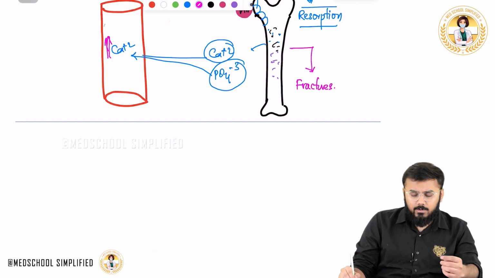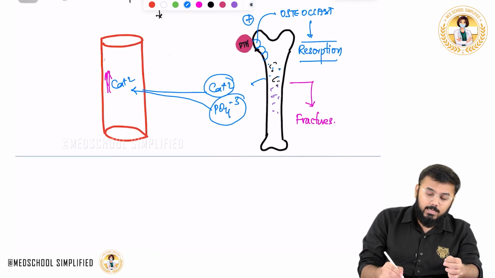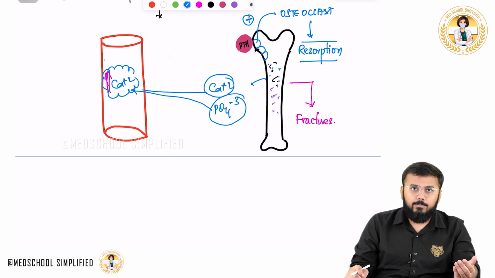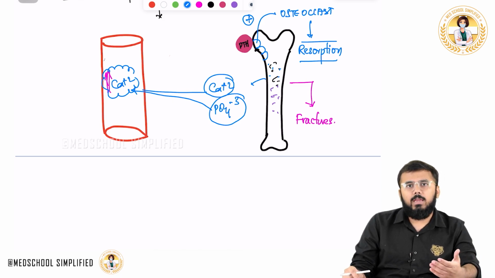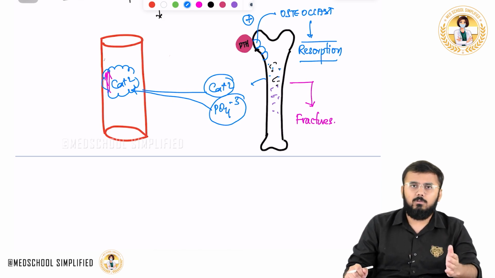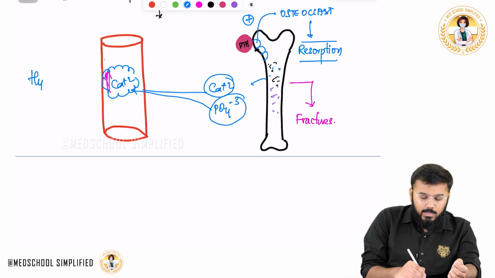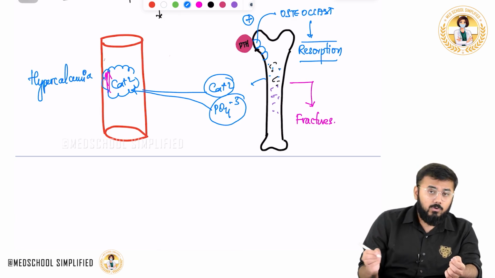So when the calcium levels are increased in the blood, a normal level of increase in calcium is needed. But if the calcium levels are too high, calcium is normally somewhere between 8.5 to 10.2, 8 to 11 in between. If the calcium levels are more than 15, more than the normal limit, what can happen? That condition you call hypercalcemia. And what will happen?